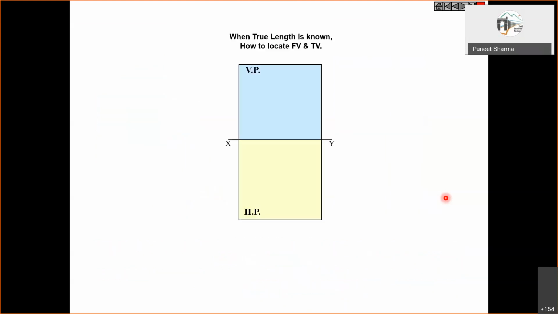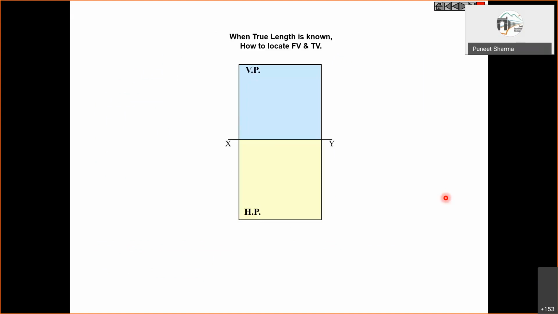Okay, so we have been given the location of one endpoint, the length of the line, and the actual inclinations of the line with the horizontal and vertical plane. Three things given.